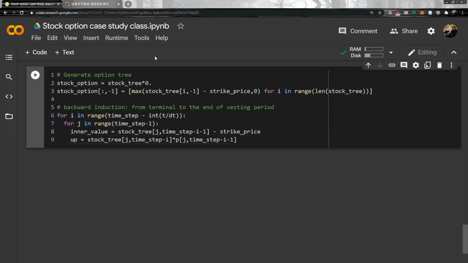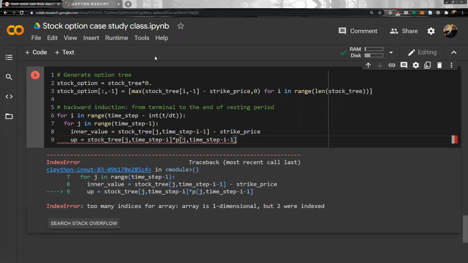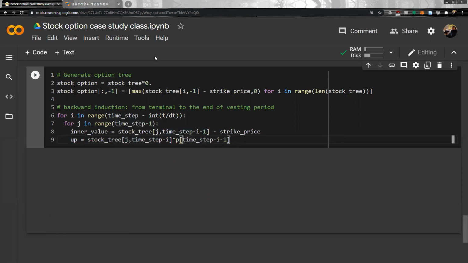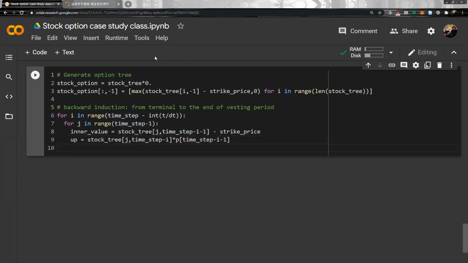How about down? If it goes down, there is an error: too many indices for array, one dimensional. Sorry, because it is one dimensional, so no J. Okay, good.